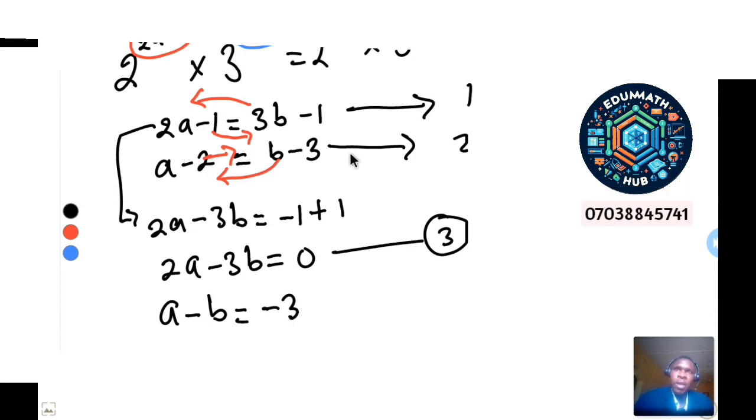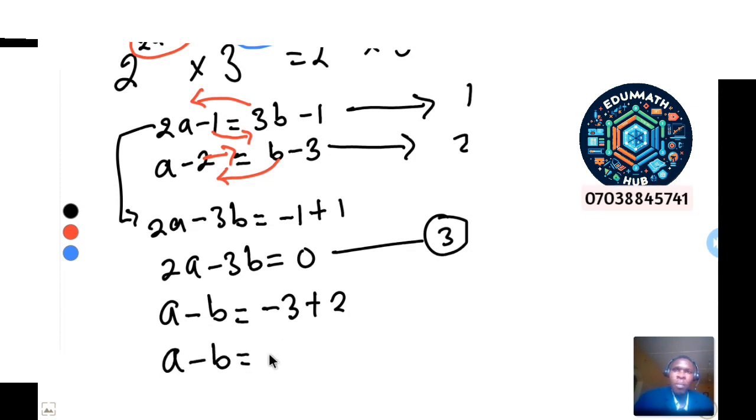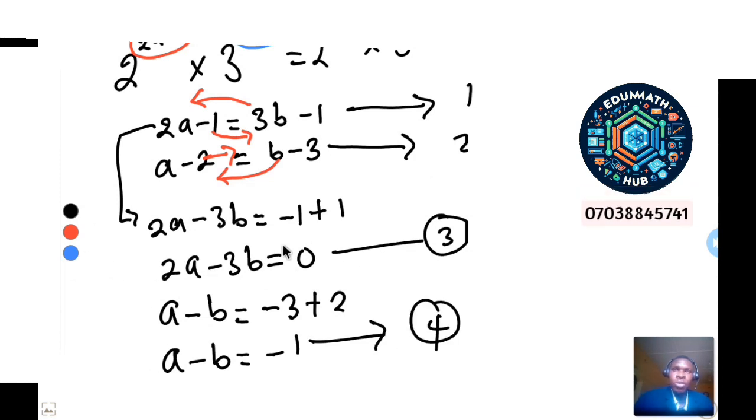This 2 is coming back here, that will be plus. So that will give you a minus b is equal to minus 1. This one is equation 4. So these equations will now be solved. You can actually solve it from the earlier form, but I'm trying to make it easier, so that's why I simplified it like this. So let's go to the final solution now.